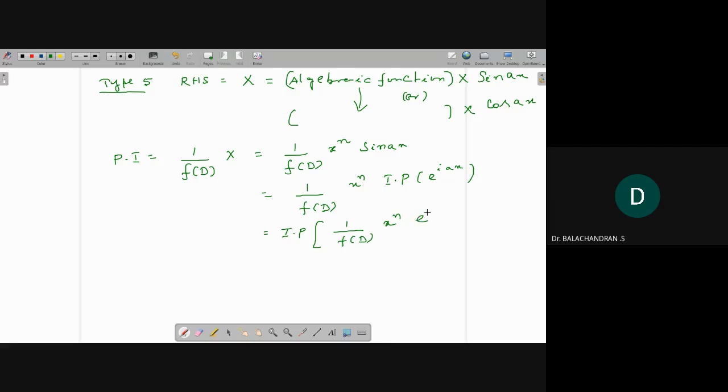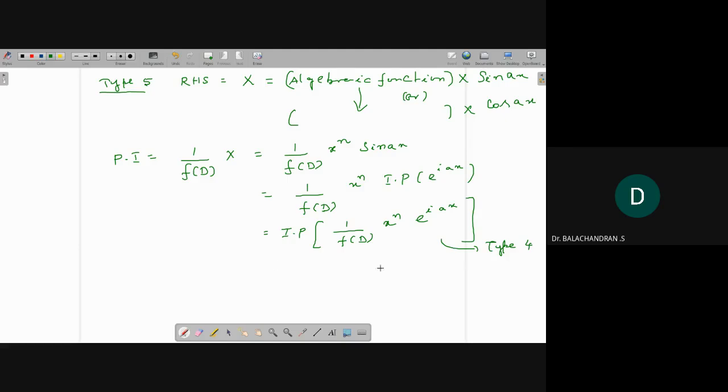Now this is type number 4: 1 by f of D into e power ax into v of x. Type 5 is reduced to type 4, and then you know how to solve.